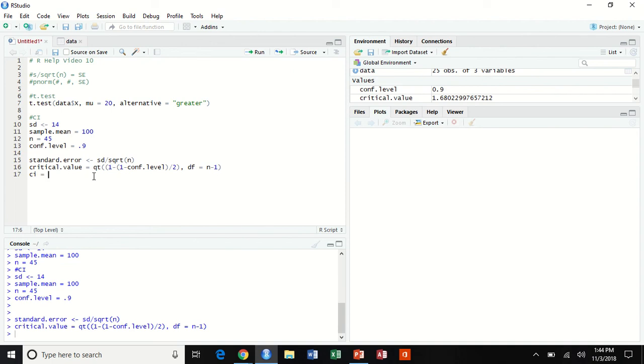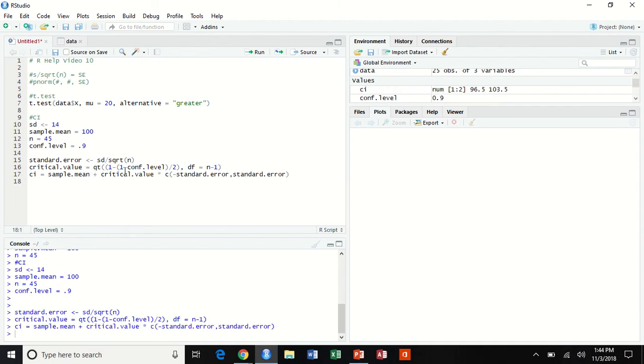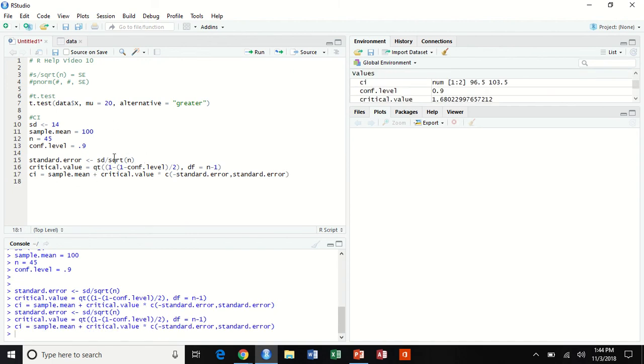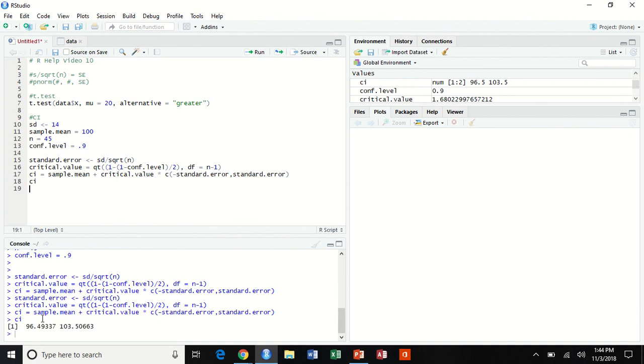And then CI is the sample mean plus or minus the critical value times the standard error. And you just put it in this format every time, and it will give you your confidence interval if you run everything. And this will be your confidence interval for 90%, though you can change that.